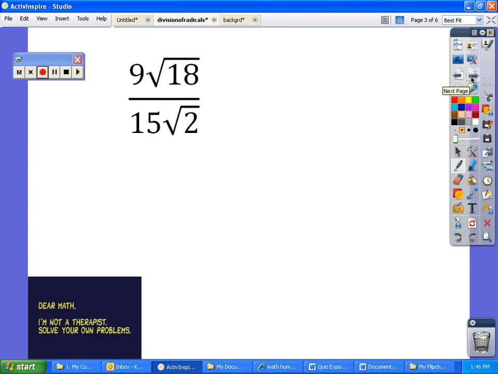Okay, I'm going to give you a second to try this one on your own. Remember, if you're not ready, go ahead and hit pause. Now, I can't do 9 divided by 15, but I can reduce that. They're both divisible by 3, so when I reduce the fraction, it's 3 over 5.